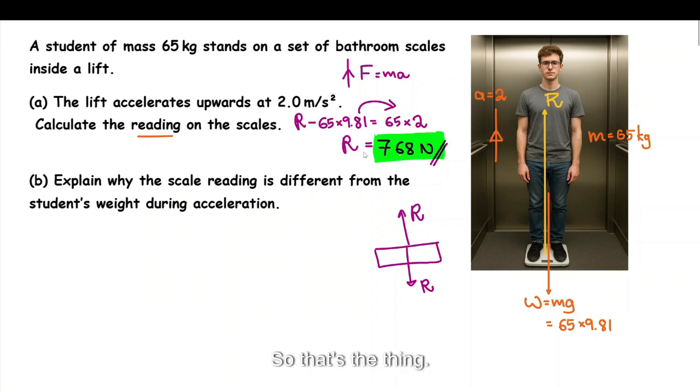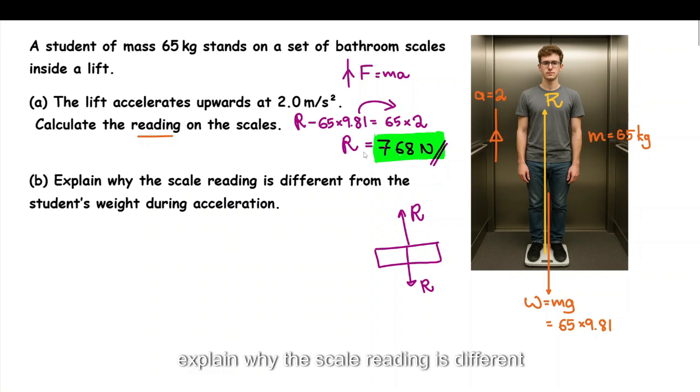So that's the thing. This person is only actually 65 kilograms. It shows a reading higher than this person's actual mass. So either way should be fine for part A.